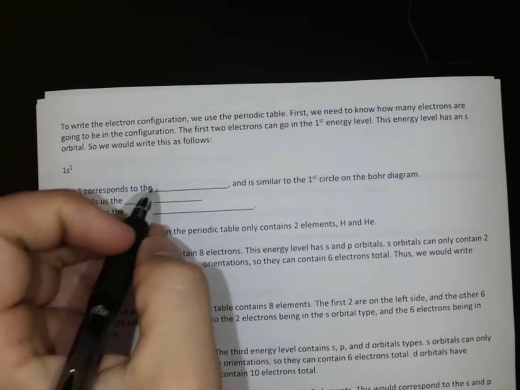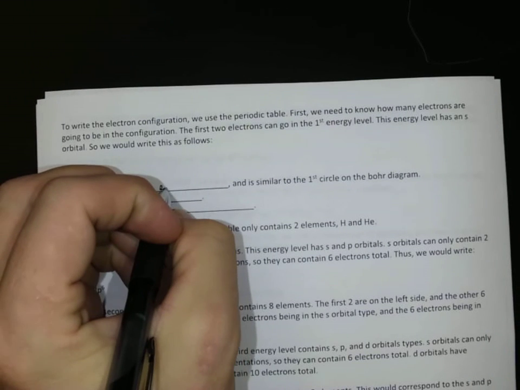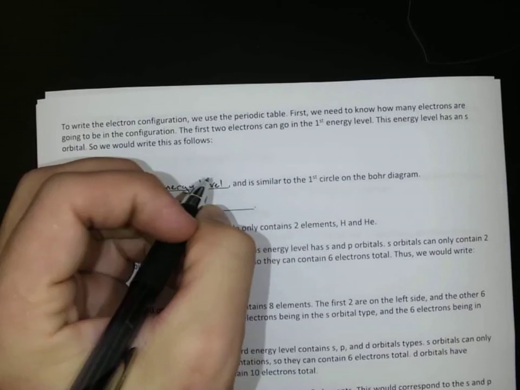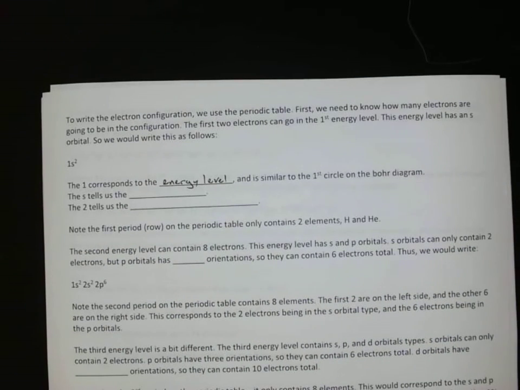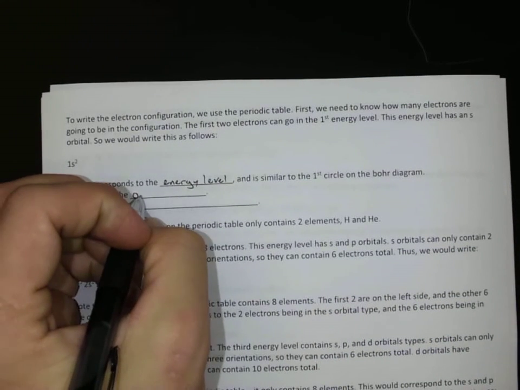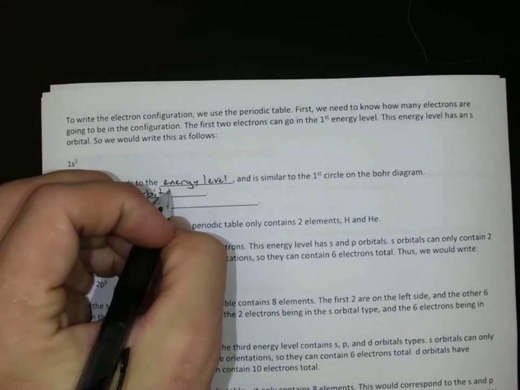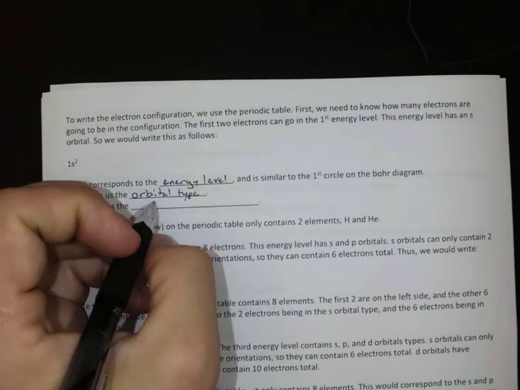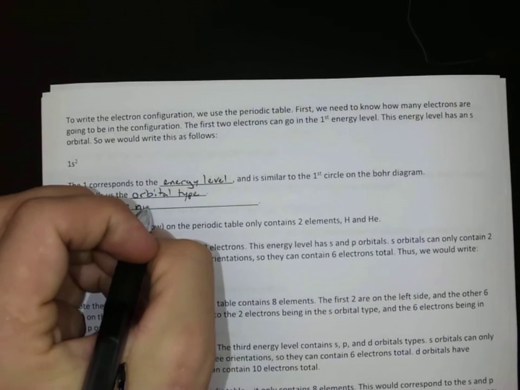So 1 corresponds to the energy level, and it is similar to the first circle on the Bohr diagram. The S tells us the orbital type, and the 2 tells us the number of electrons.